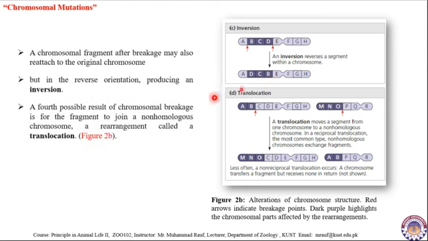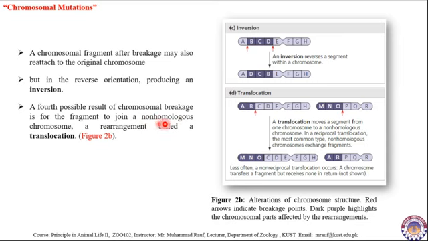Translocation is another type of chromosomal mutation. Now recall the process of crossing over, which occurs between homologous chromosomes. In translocation, the segments are exchanged between non-homologous chromosomes.